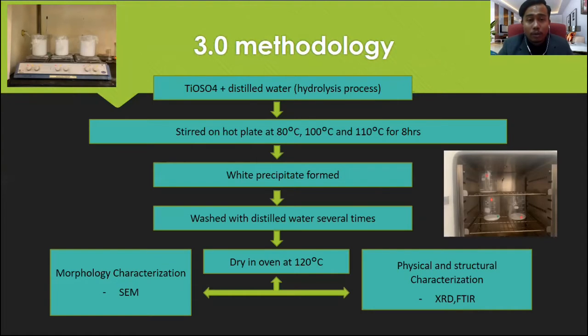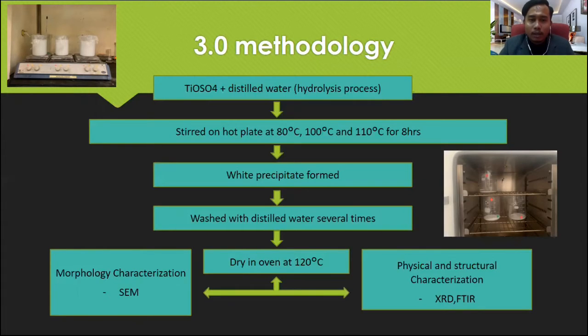This titanium sulphate solution will be divided into three different samples for three different temperatures used. After that, the solution will be stirred on a hot plate at 80 degrees Celsius, 100 degrees Celsius, and also 110 degrees Celsius for 8 hours straight.